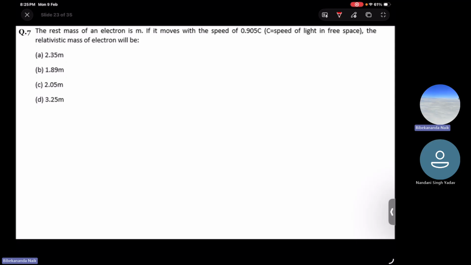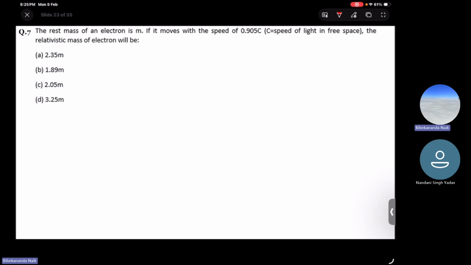Question number 7 says the rest mass of an electron is m. If it moves with a speed of 0.905 c, where c is the speed of light in free space, then what will be the relativistic mass of the electron?